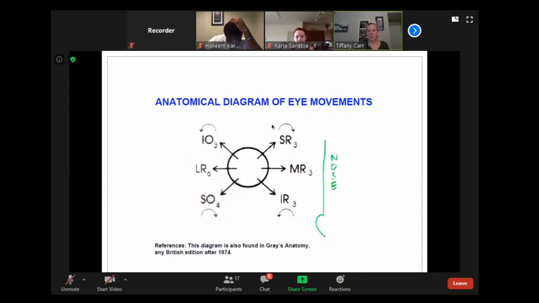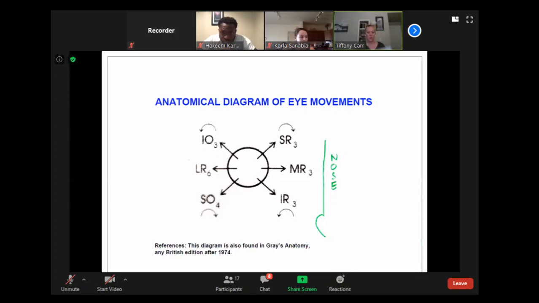And it's going to help that eye roll up and in. It has a little bit of an attachment point here that helps double connect that eye muscle in. And then the lateral rectus, like we said, with the abducens, it's going to pull that out to the side. So to test these, we would be doing the H test.